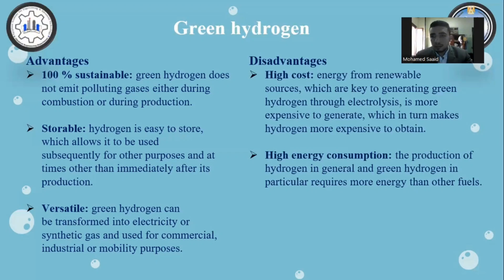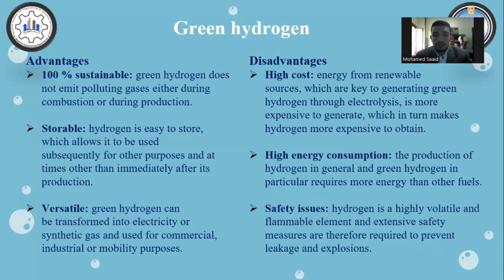High energy consumption: the production of hydrogen in general and green hydrogen in particular requires more energy than other fuels. It has safety issues. Hydrogen is a highly volatile and flammable element, and extensive safety measures are therefore required to prevent leakage and explosions.